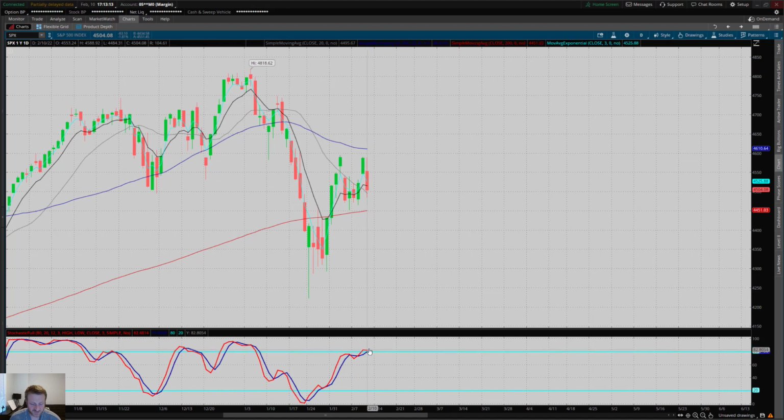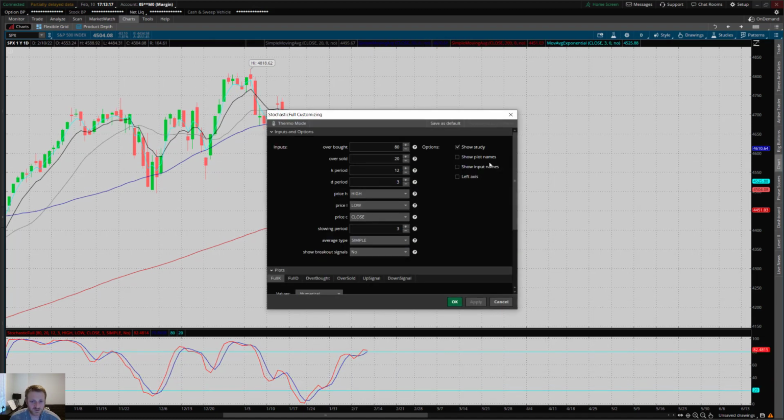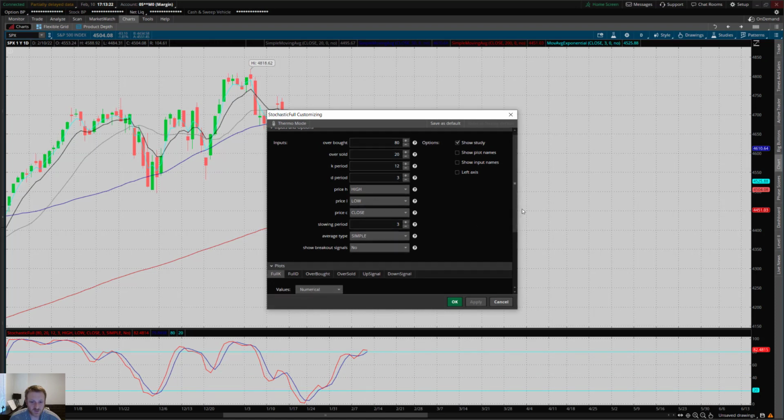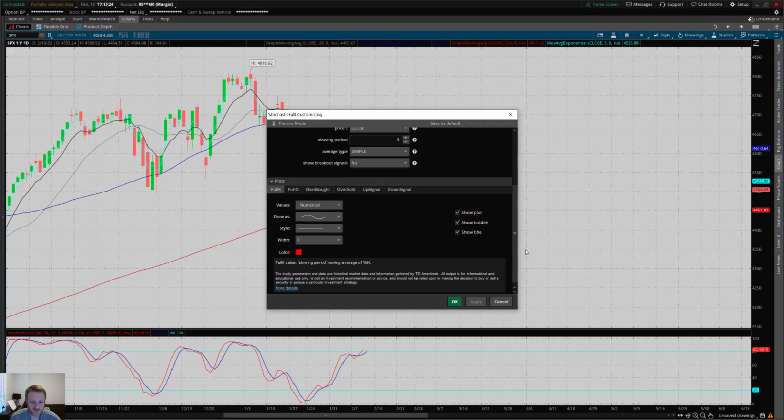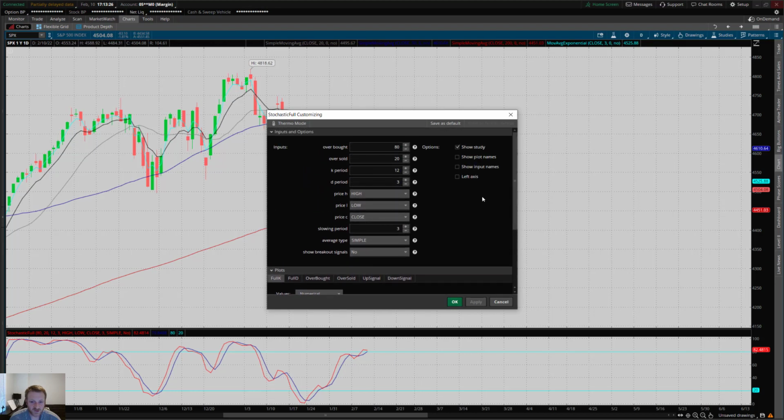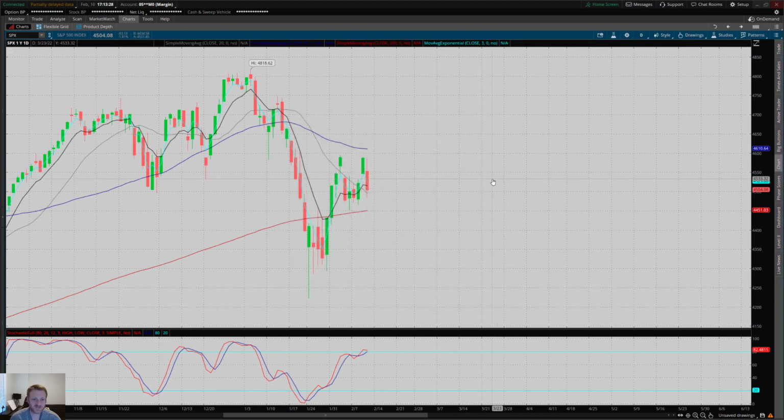Okay, and then down here you have a stochastic with particular settings, which I will briefly put up here so you can just pause if you want to copy those settings. I'll give you the opportunity to do that. Now, this technical page is derived from Stephen Bigelow and the Candlestick Forum.